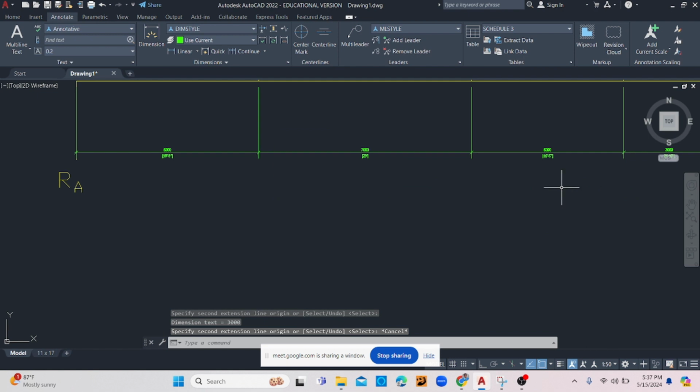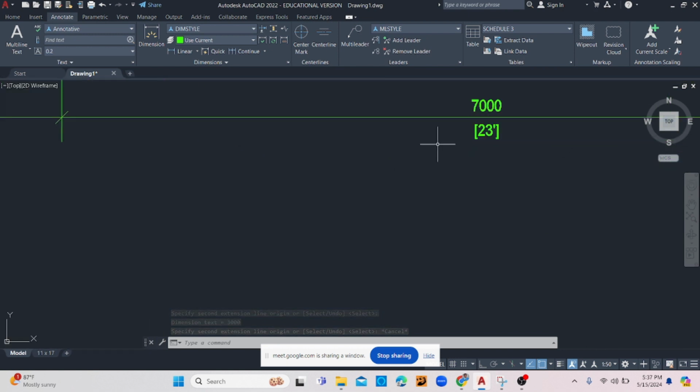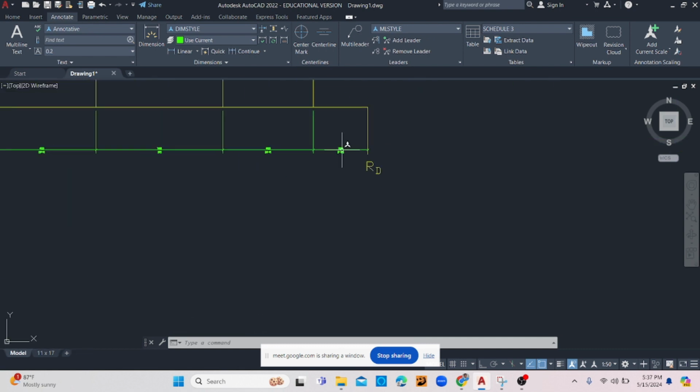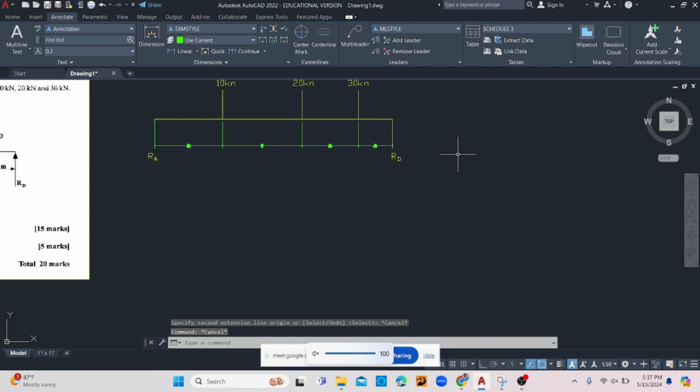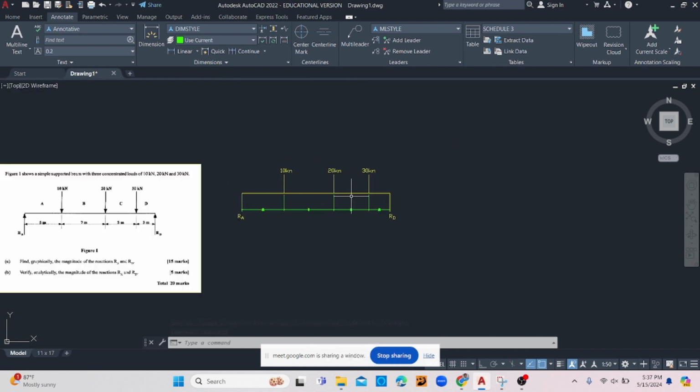Alright, so we have all our reactions there. As you can see, 5,000, 7,000, 6,000, and 3,000.